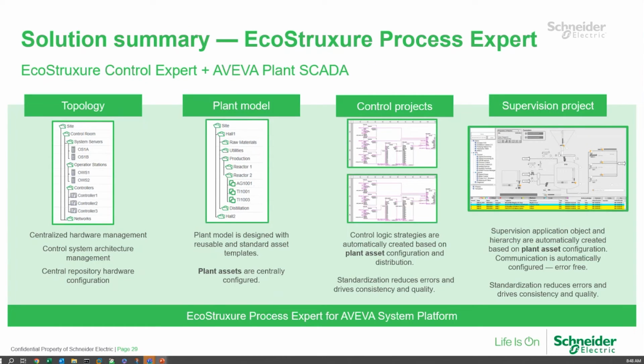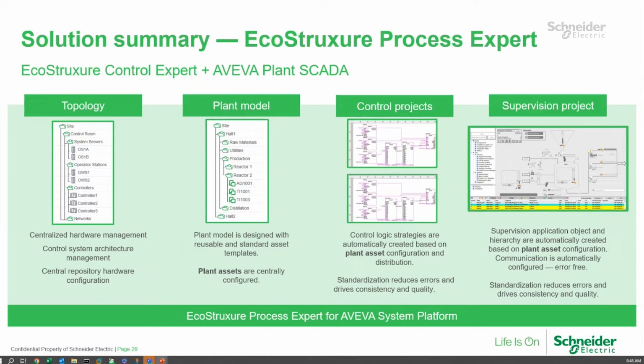So there are two versions of this. There's EcoStruxure Process Expert, which is all-inclusive. It includes everything that you saw on the previous slide, so the supervision system all the way down to the templates for the field devices and for all of the controllers. Now this uses Vijeo Citect, sorry, Viva Plant SCADA, and that's embedded in the engineering client.